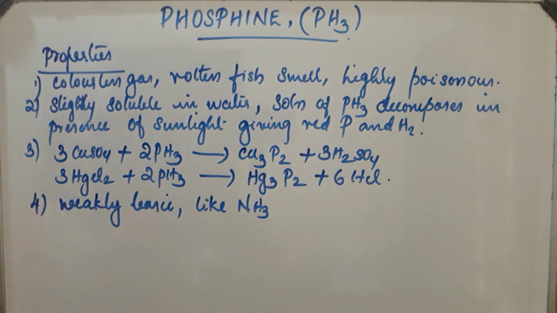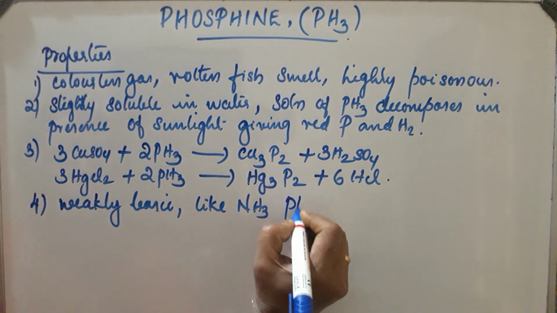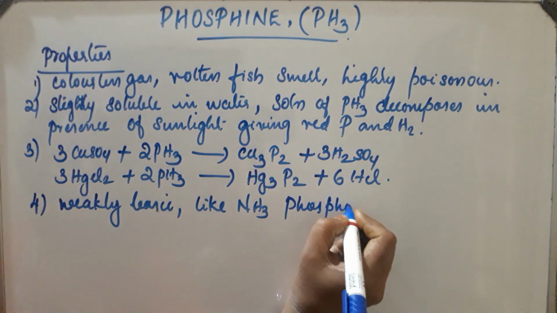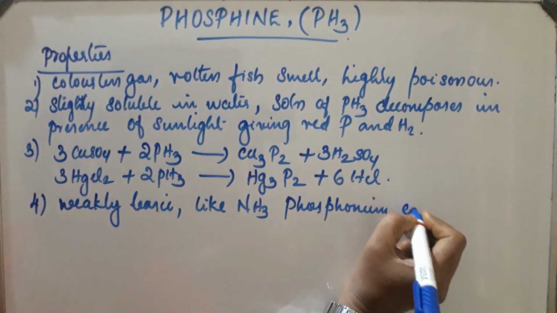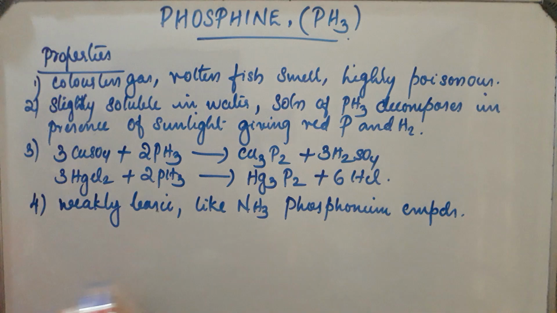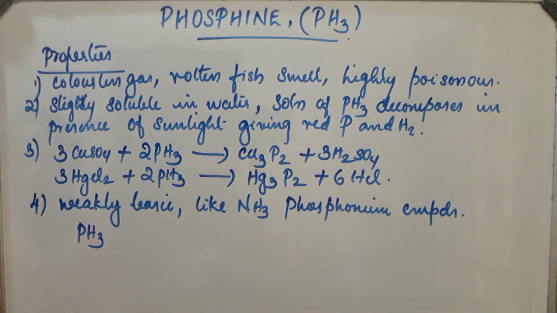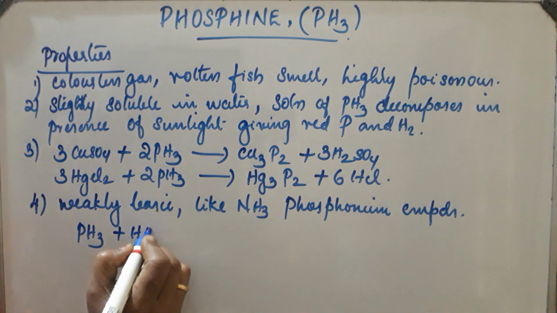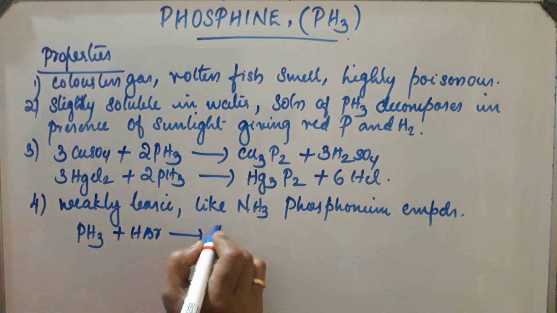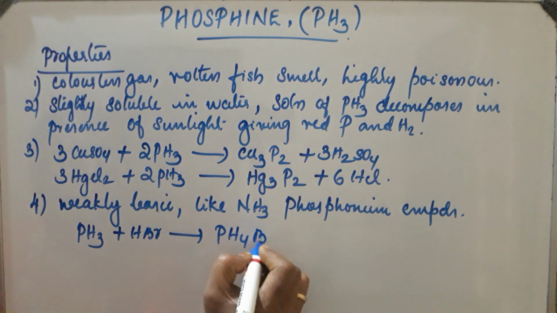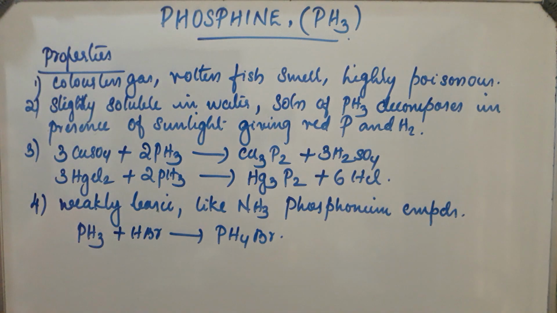It gives phosphonium compounds with acids. That is, phosphine with HBr gives PH4Br. So it is basic in nature.